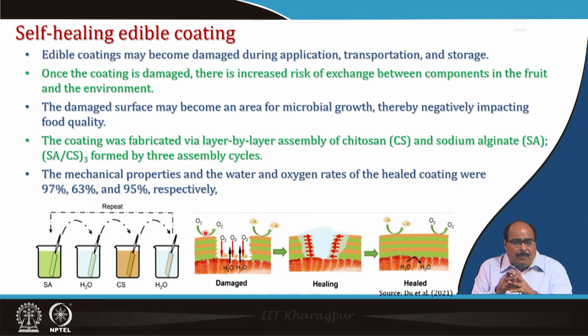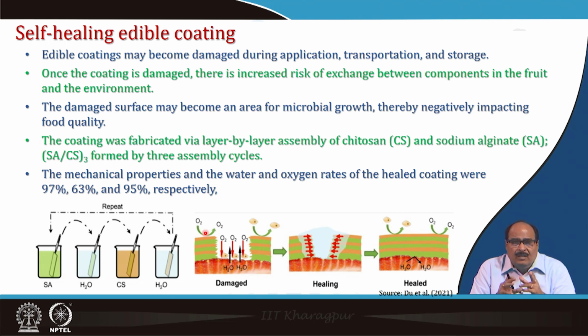Then there is the self-healing edible coating. It may so happen that the edible coating becomes damaged during application, during transportation or during storage, and once the coating is damaged, there is increased risk of exchange between the components in the fruit and the environment. So the damaged surface may become an area for microbial growth, thereby negatively impacting the quality of the product.